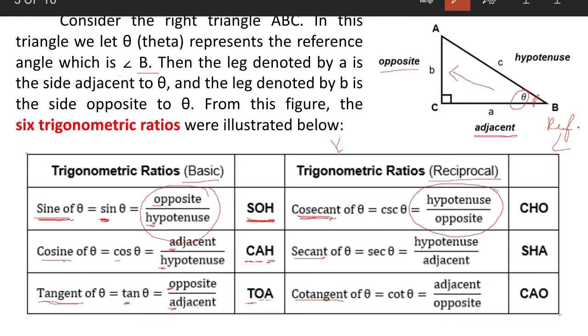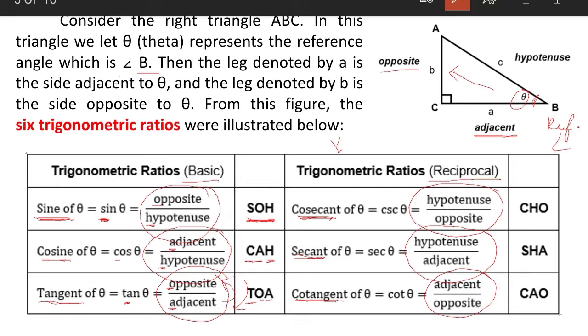And if you will observe, cosine and secant are reciprocal. So in cosine, we have adjacent over hypotenuse. So pagdating dito sa secant, we will interchange the numerator and the denominator. So we have now hypotenuse over adjacent. So ganyan lang po. You will just get the reciprocal of the basic. And then tangent, opposite over adjacent. So for the cotangent, we have the reciprocal, adjacent over opposite. So we will just interchange this. Okay?